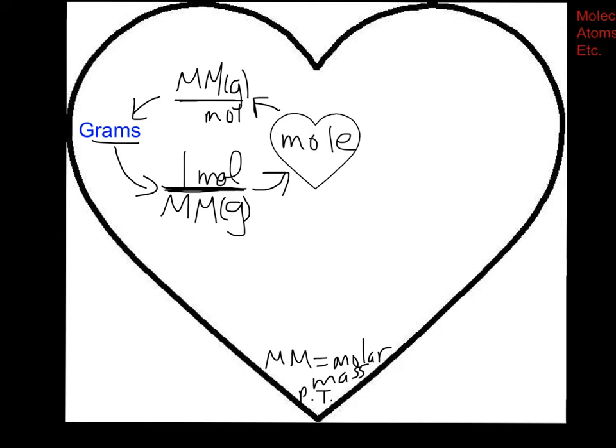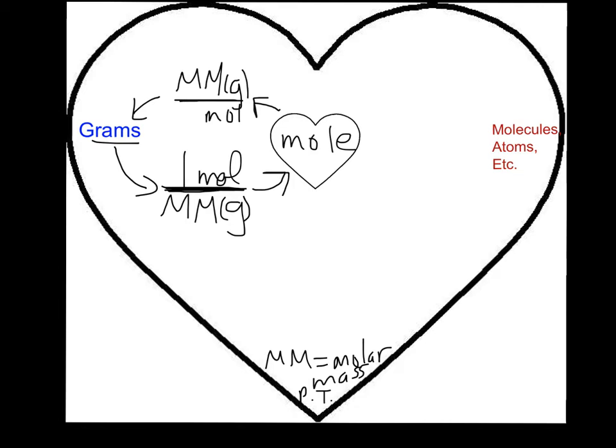The other set of problems that we've dealt with is going from the concept of the mole to representative particles. And remember that representative particles can be either molecules, they can be atoms, they can be ions. Basically, a representative particle is anything in chemistry, but we don't say things in chemistry, we say particles. So let's say that I'm starting with the mole.